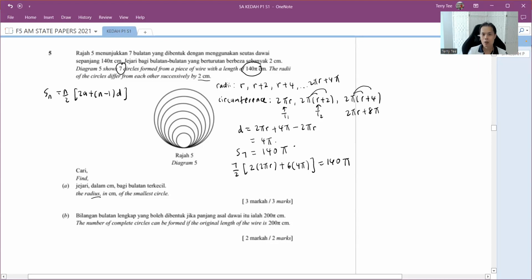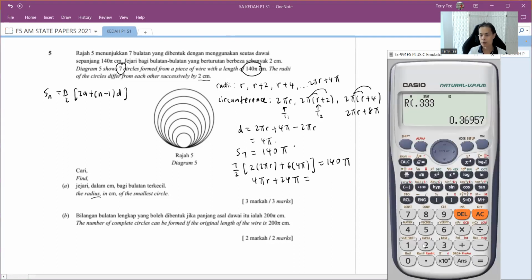Okay. Well, the pi is a bit annoying, so we can just divide everybody by 4 pi. Maybe I multiply the 2 over first. Okay, this one is 4 pi r plus 24 pi, right? And I take 140 and divide by 7. 140 divided by 7 is 20, 20 times 2, there you go, 40.